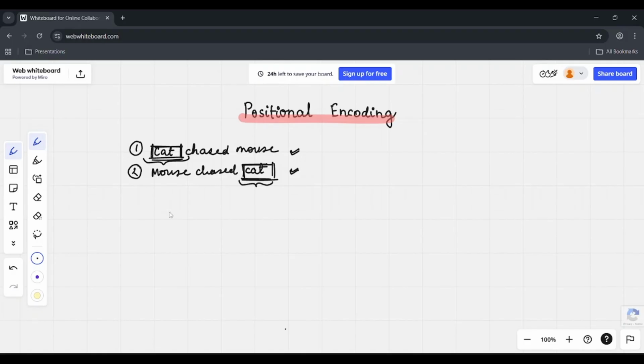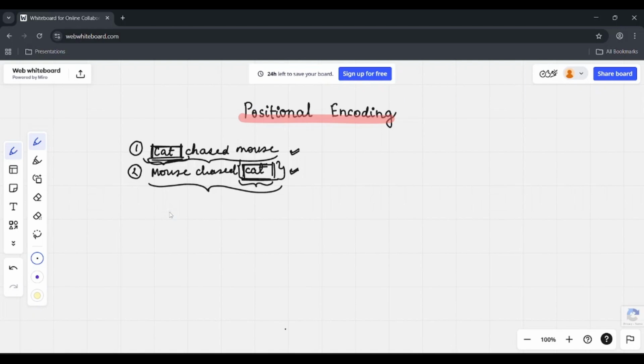The only thing it cares about is that if two sentences have exactly the same words, then the contextual word embeddings of every word will be the same, irrespective of the order.